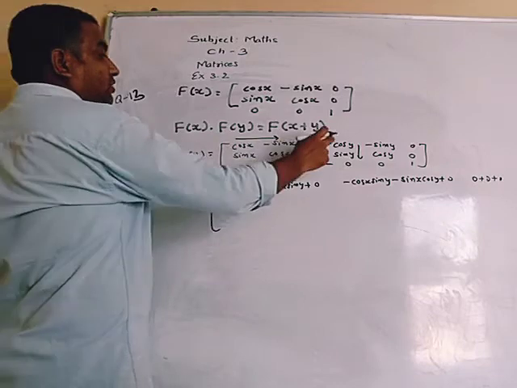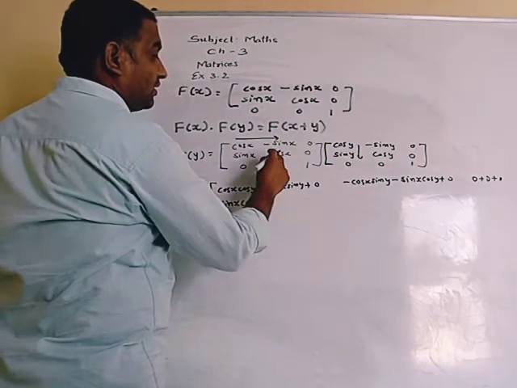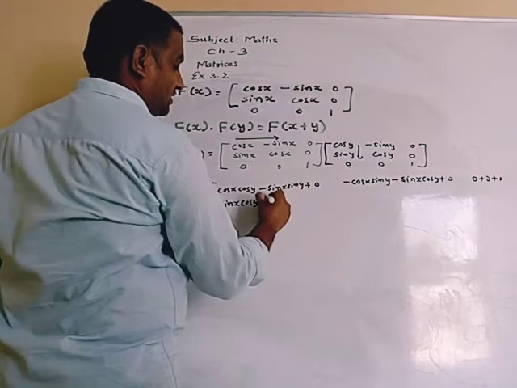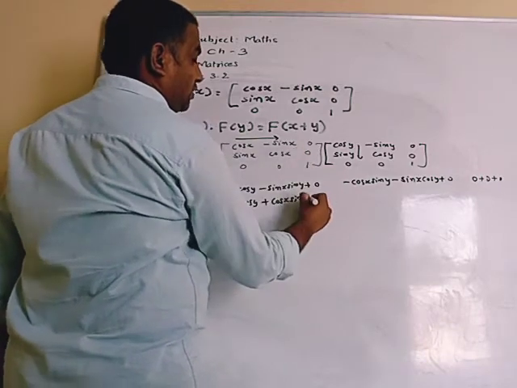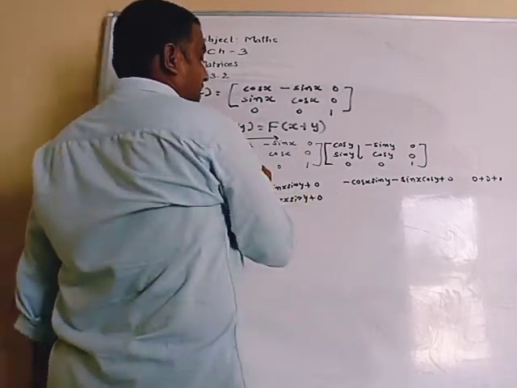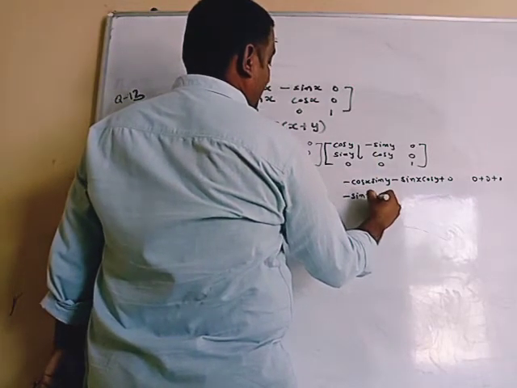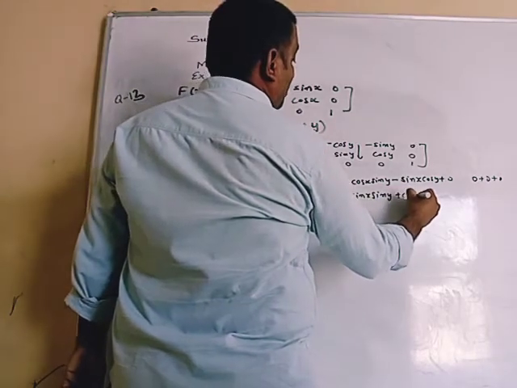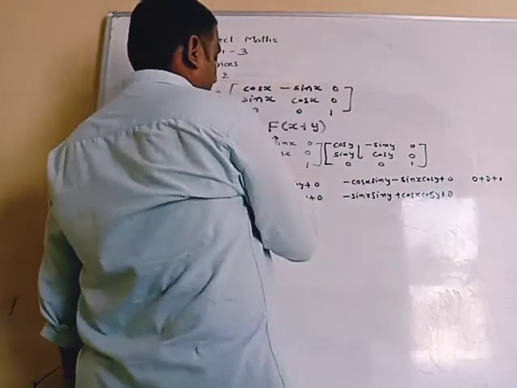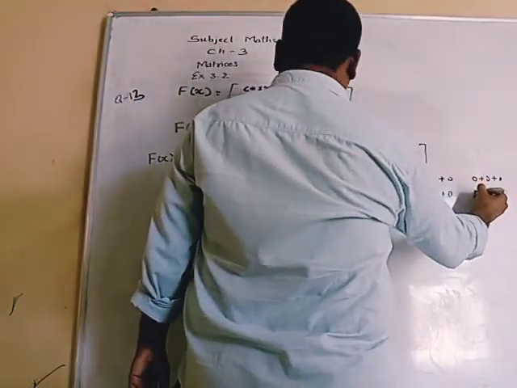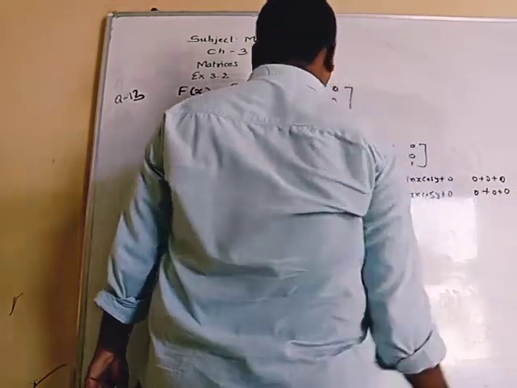Now second row, first column: sin x cos y, second element cos x plus cos x sin y, and the third element 0 plus 0, 0. Second row multiplied with the second column: minus sin x sin y plus cos x cos y plus 0, and second row with the third column: 0 plus 0 plus 0.